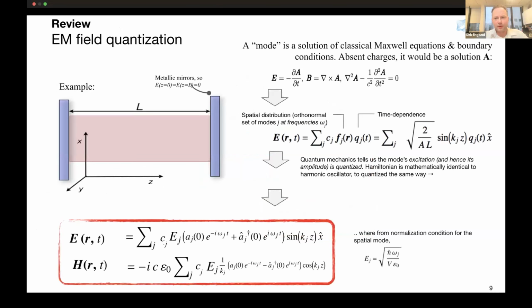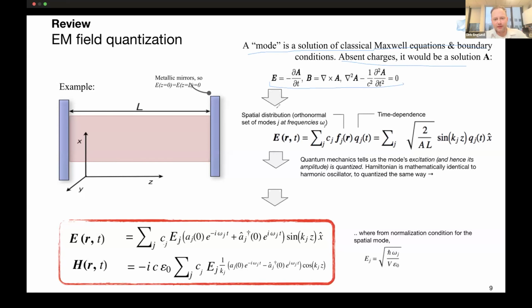Okay, so in review, a mode is a solution to the classical Maxwell's equations under the boundary condition. So absent charges, this mode would be a solution A here for this vector potential, for example.